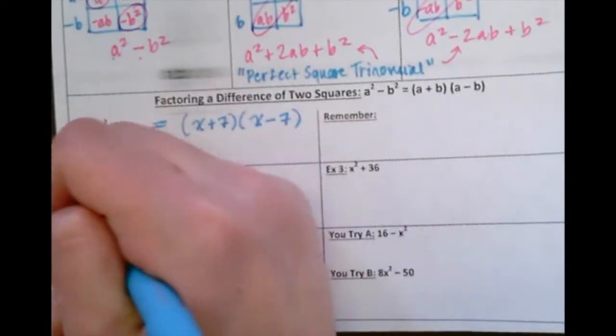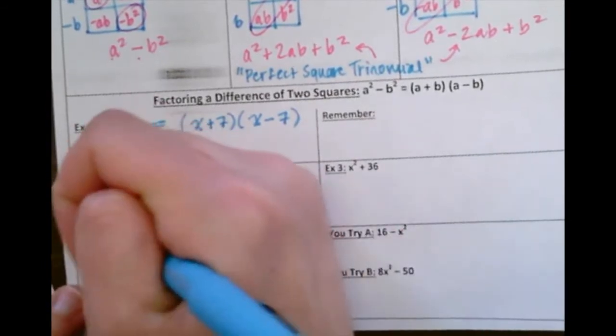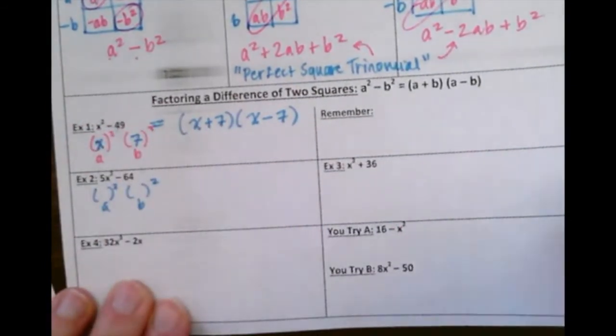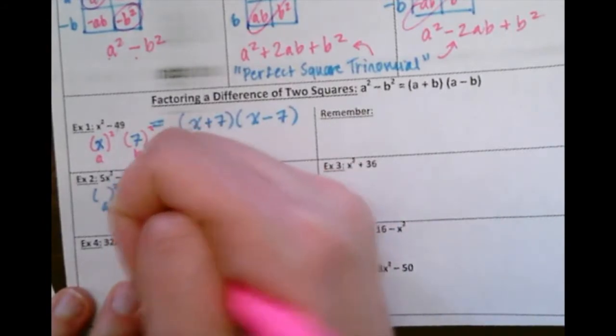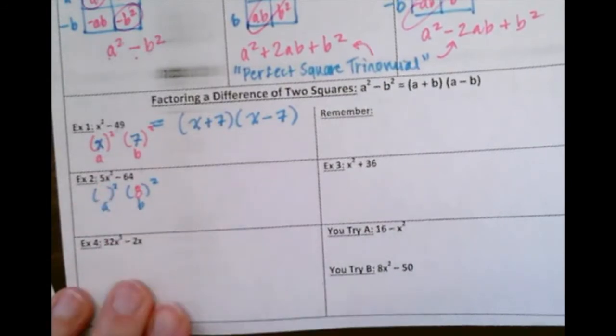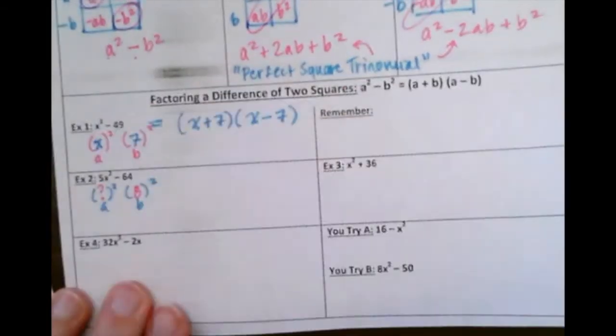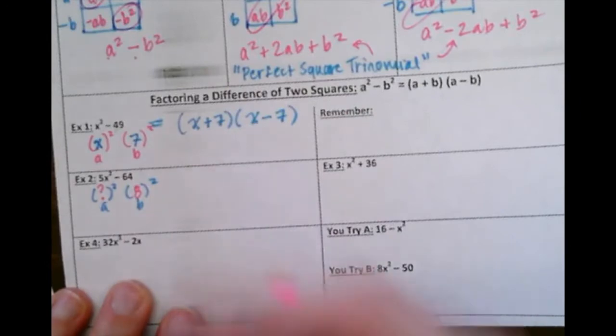Now let's look at example 2. So again, you're trying to think what squared gives you each term. And that should tell us a and b. Well, here, for 64, that's easy. 8 squared is 64. But I'm having a hard time with this 5 out front, because I can't think of a whole number that when I square it, I would get 5. So if there's nothing you can think of, then maybe this isn't a difference of two squares, right?